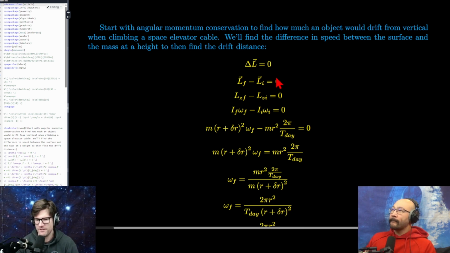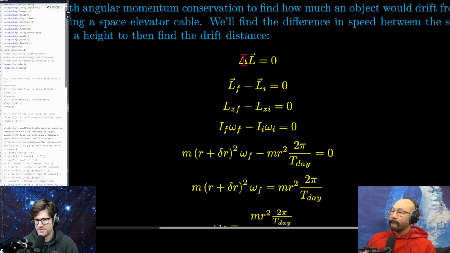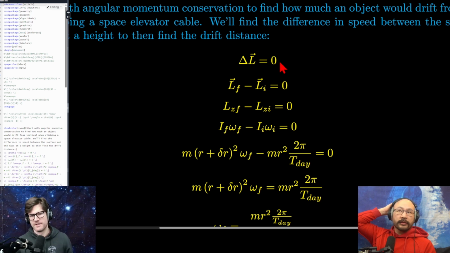So we start with delta L equals 0, where delta L is the angular momentum of the payload only. The 0 represents that it's free, there are no forces coming in and out, which is not true because of the cable. We're going to ignore that for now just to get how much drift we would have if the cable wasn't there.